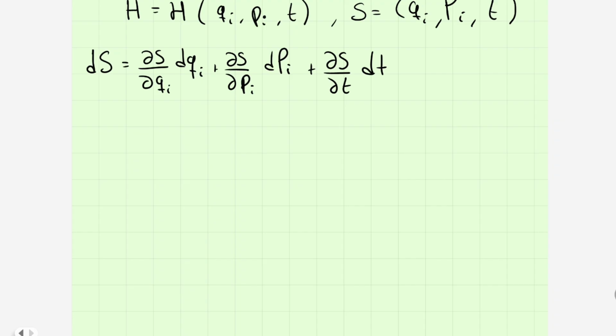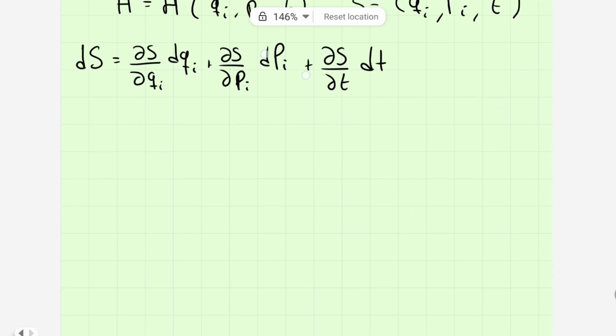Okay, and remember that S is a generating function of canonical transformations, we can identify these p's as little pi, and this is upper Qi, and this is identified as negative the Hamiltonian.